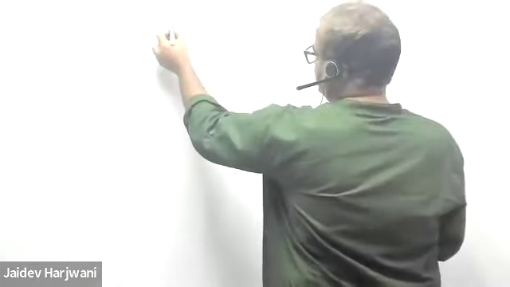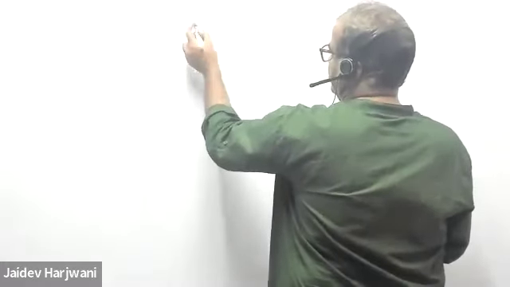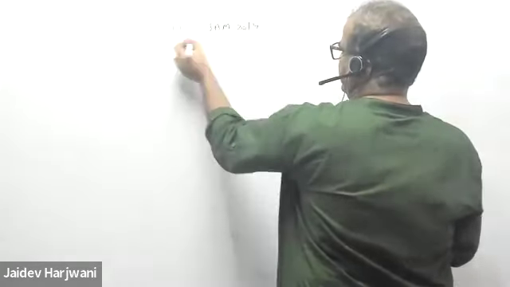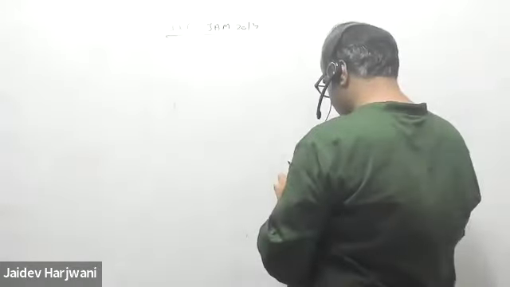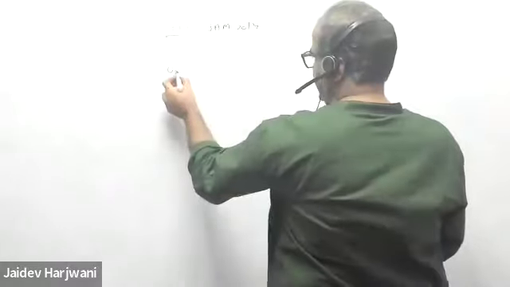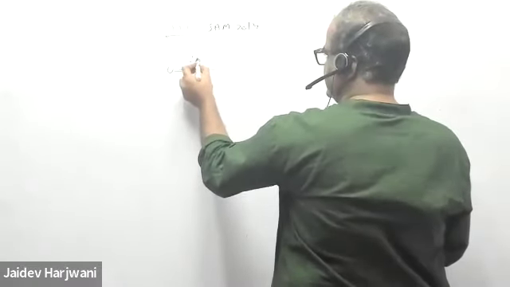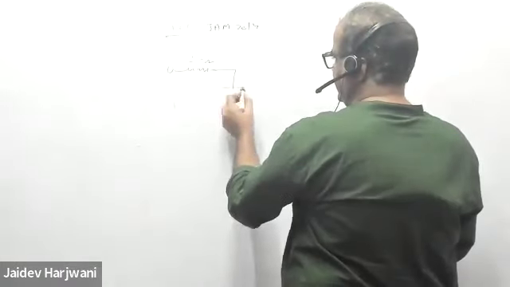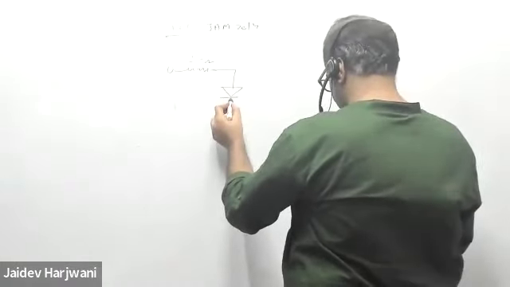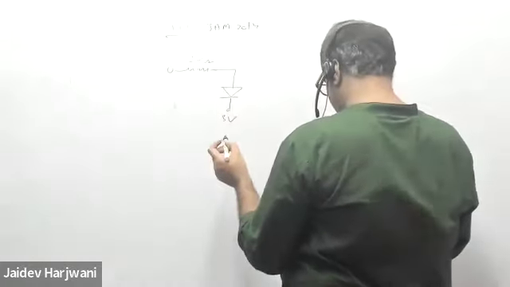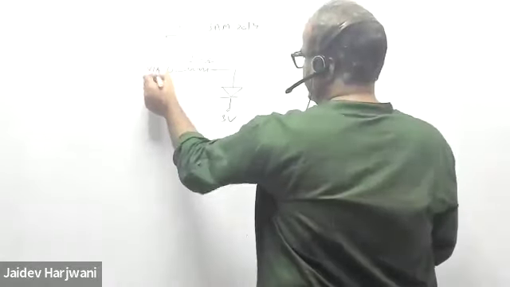So say IIT JAM 2014 question. Okay. So you have here a 1 kilo ohm resistance. And here a diode which is given a voltage 3 volt, and you have a V input here.